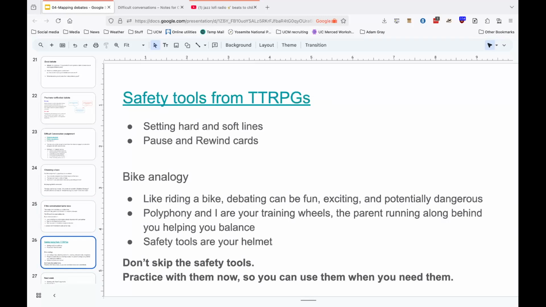Some things you can do in your particular conversation to help with this. I'm a big player of tabletop role-playing games. I think a few other folks in here are as well.